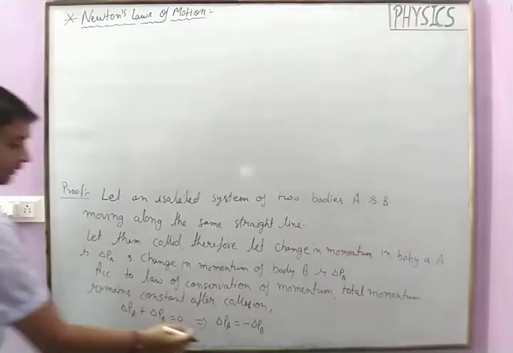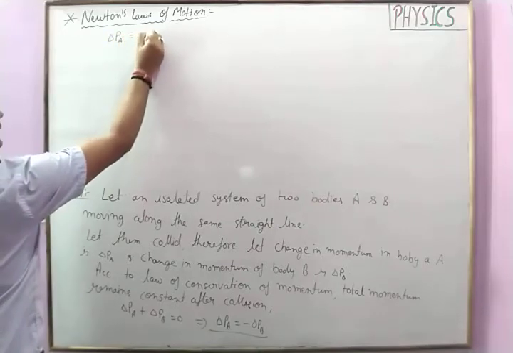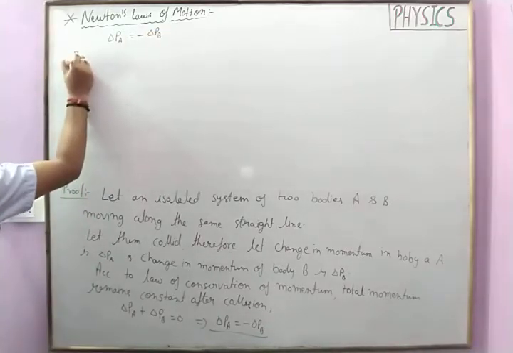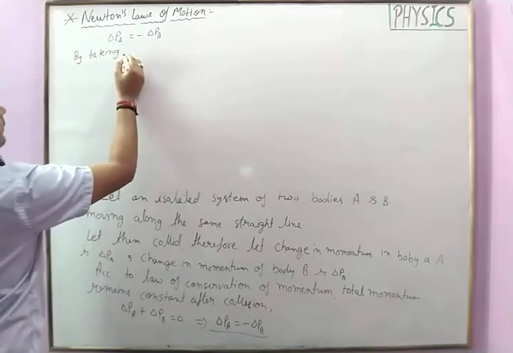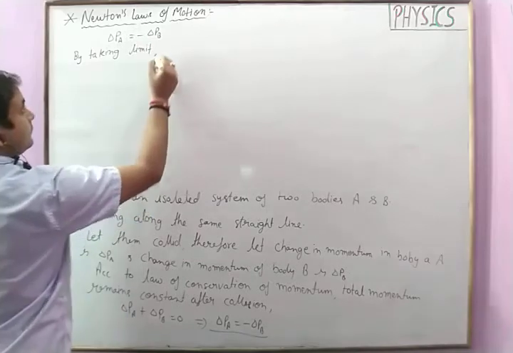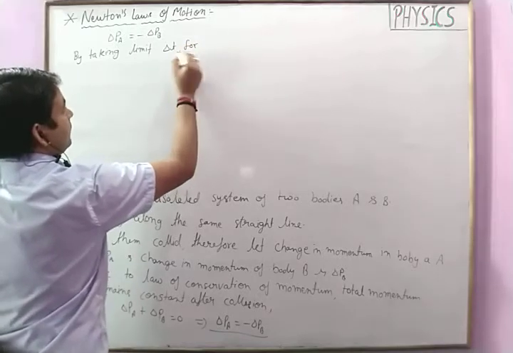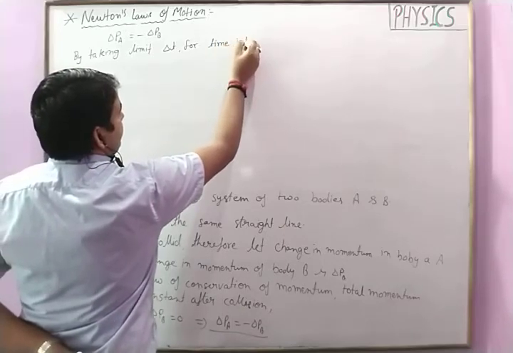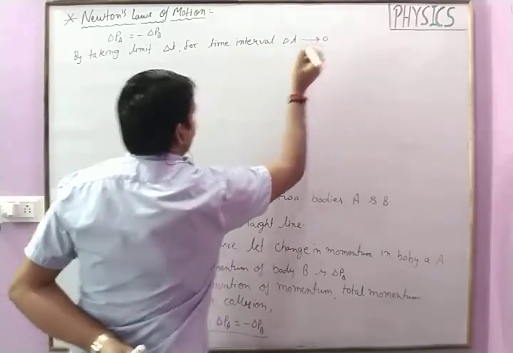Therefore, from this, del PA equal to minus del PB, by taking the limit for the time interval del T tends to 0.